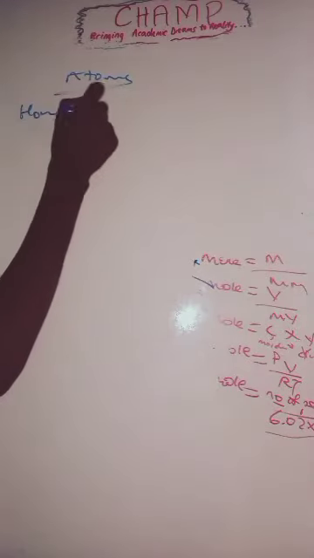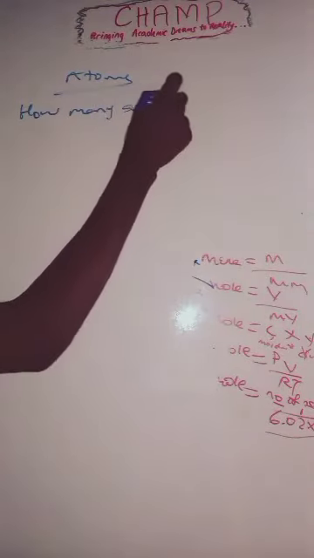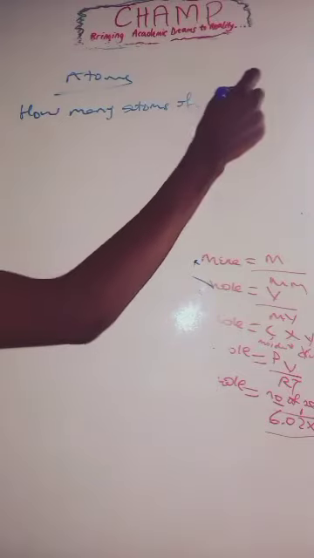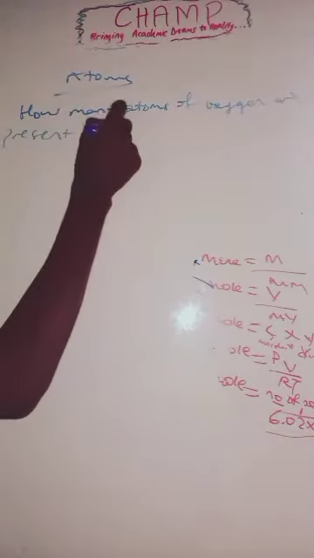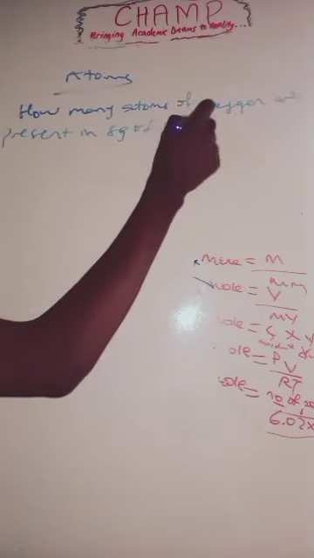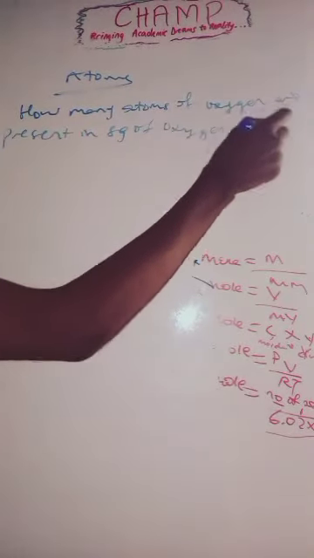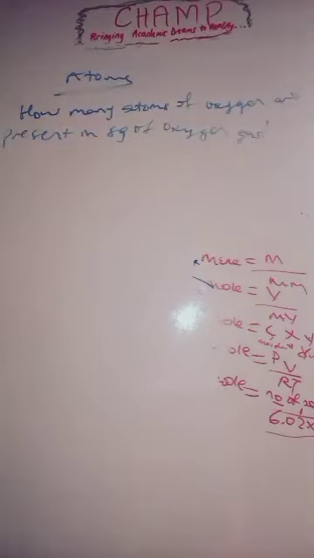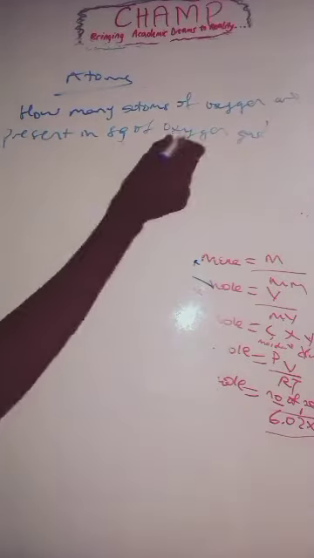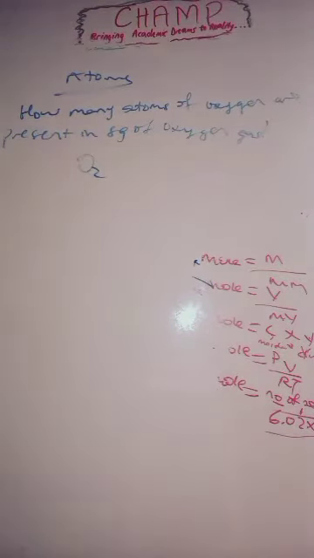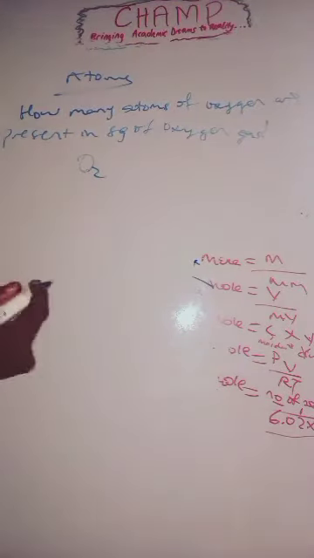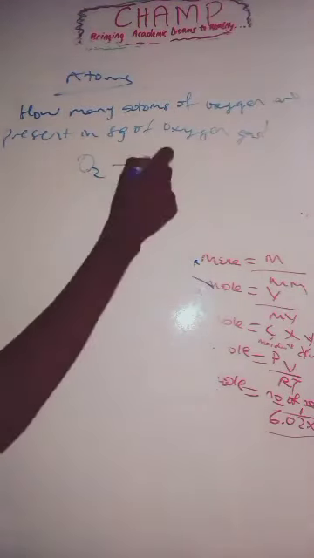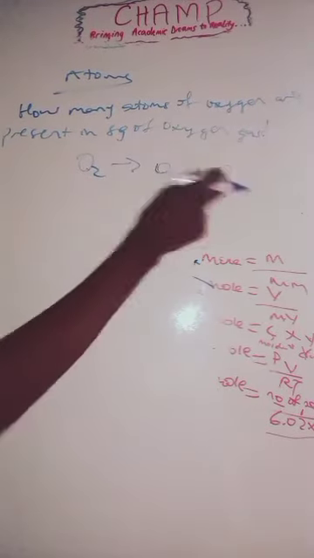How many atoms of oxygen are present in 8 grams of oxygen gas? Yes, what's 8 grams of oxygen gas? This is oxygen gas. Now you need to recognize atoms. What's the meaning of atoms? 1 mole of oxygen gas contains how many oxygen atoms? 2 oxygen atoms.